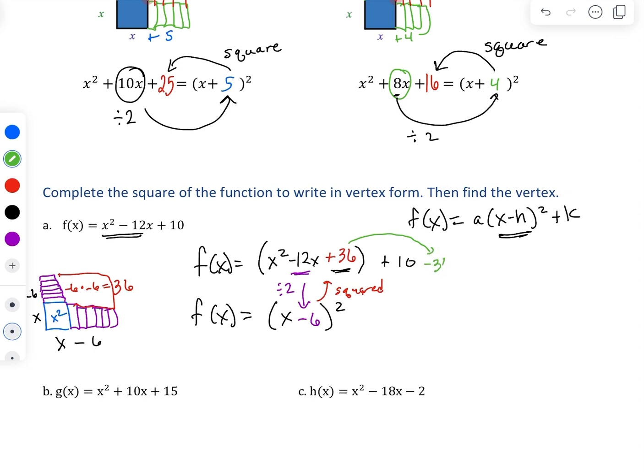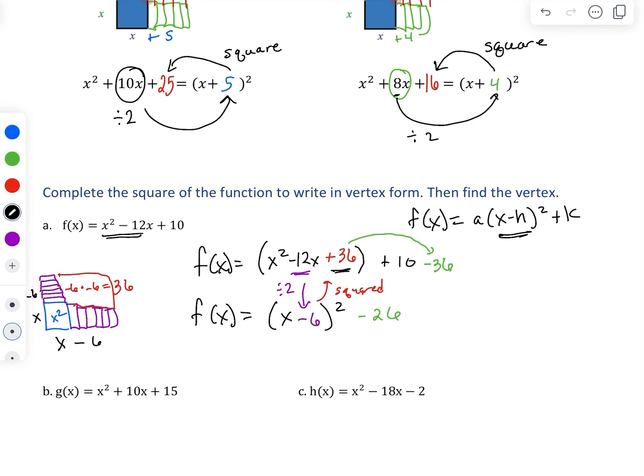So to balance this outside here, I'm going to subtract 36. So I want that positive 36 in the parentheses, but I need to balance it. So outside, I'm subtracting out here. And so I get a negative 26 when I combine that 10 and negative 36. It's almost like I needed an extra 26 units there to make this a perfect square.